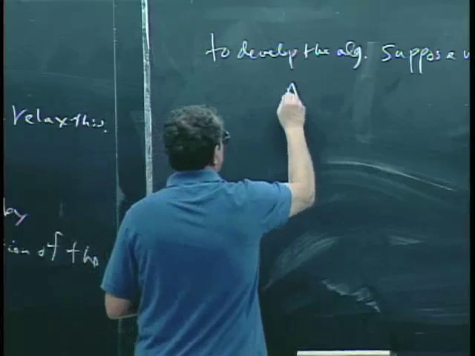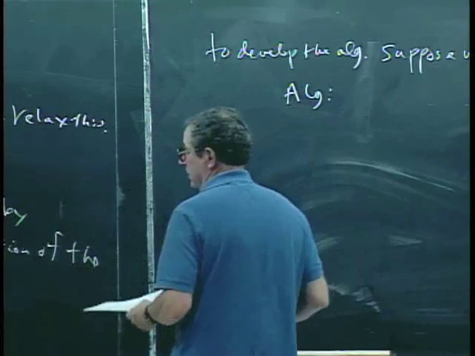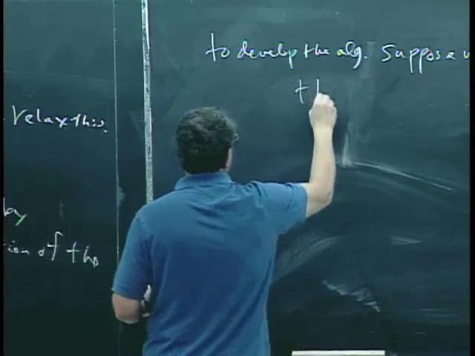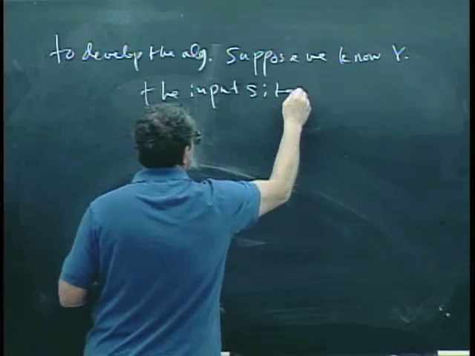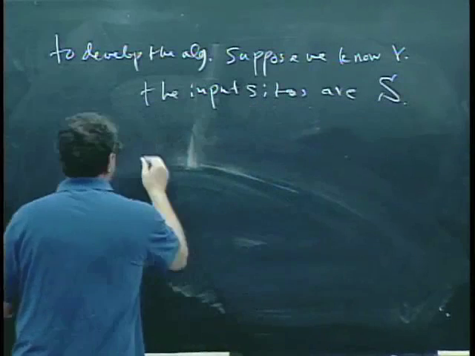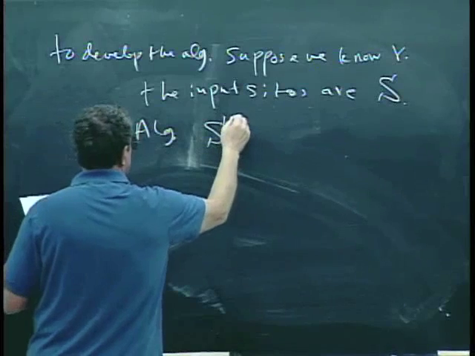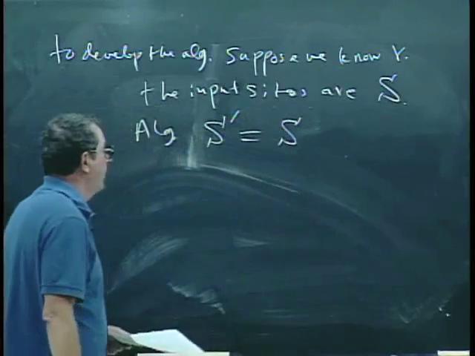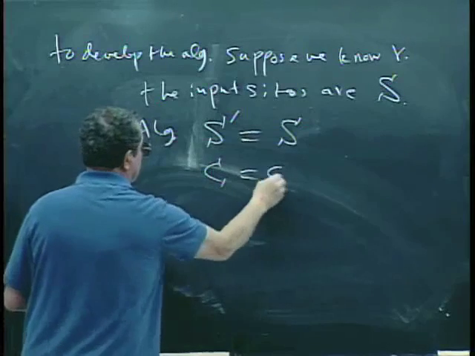Okay, so here's the algorithm. We start out with the set of the input sites in set S. Okay? So the algorithm begins by setting S prime equal to S, and C equal to empty.